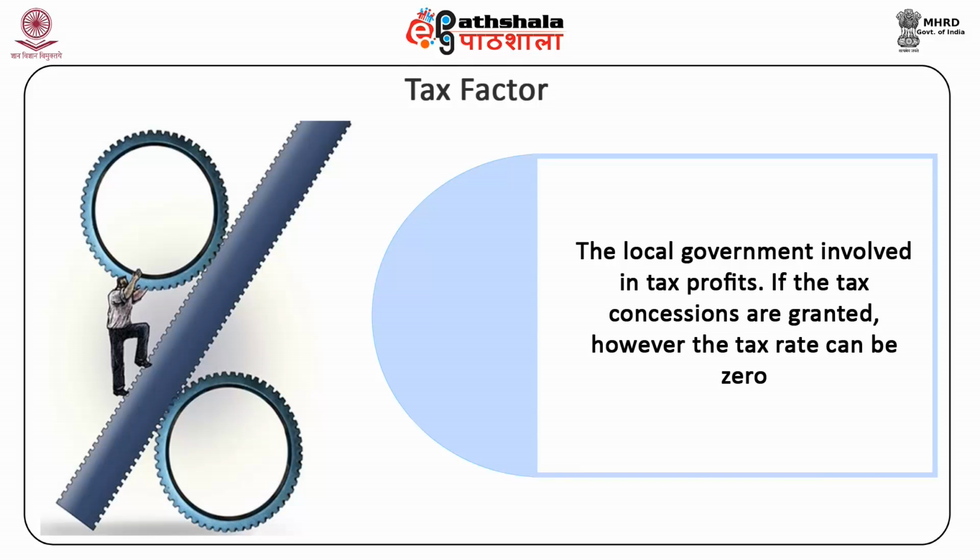If tax concessions are granted, however, the tax rate can be zero. Generally, the company pays a withholding tax to the local government on that portion of profit which is remitted in the form of dividends, interest, fees, and royalties. However, tax can be avoided if it is taken in the form of loan repayment.